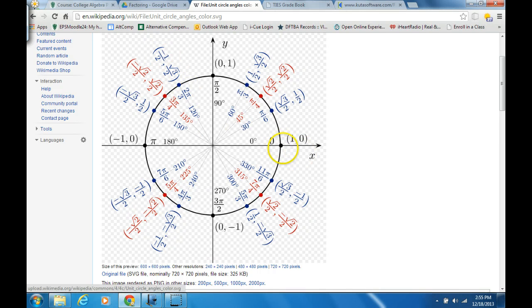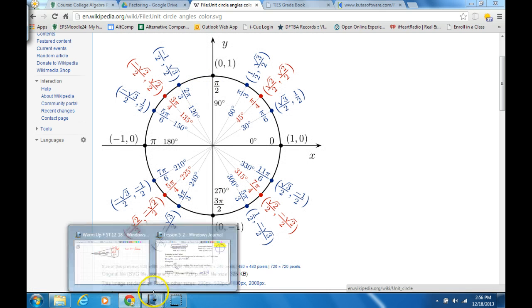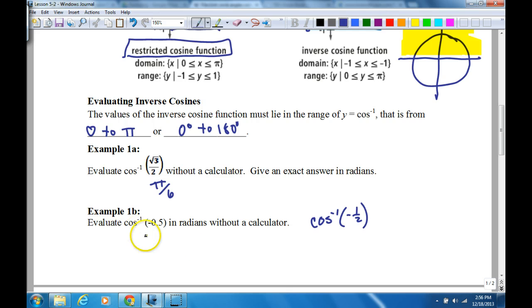Yep, it always has to be between 0 and pi. Okay, so the only place that we have an x value of -1/2 is right here. That is at 2 pi over 3.